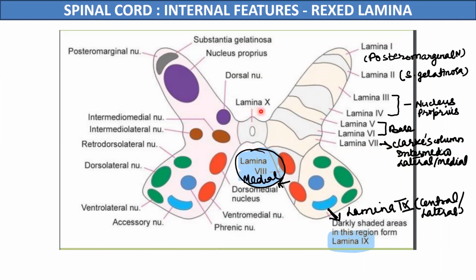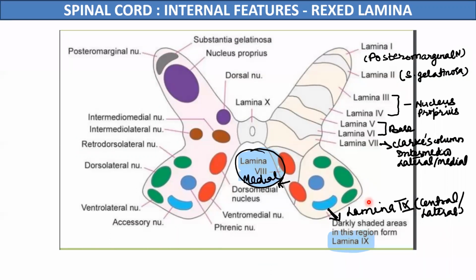So this is lamina 10. So these are the 10 laminae of the Rexed classification from 1 to 10, starting from the tip of the dorsal horn and moving towards the ventral horn. And all these laminae correspond to the groups of neurons which we have classified earlier.